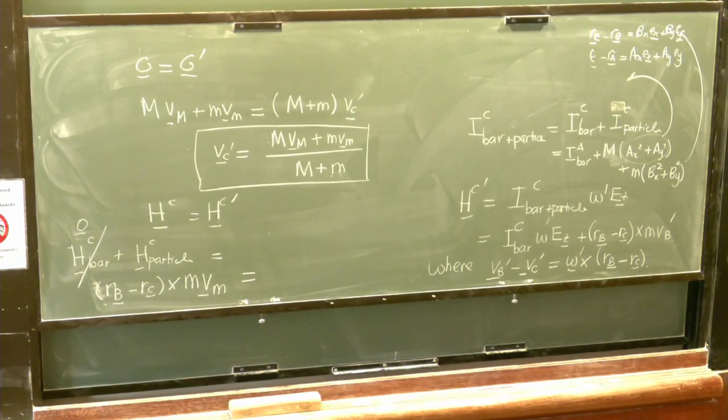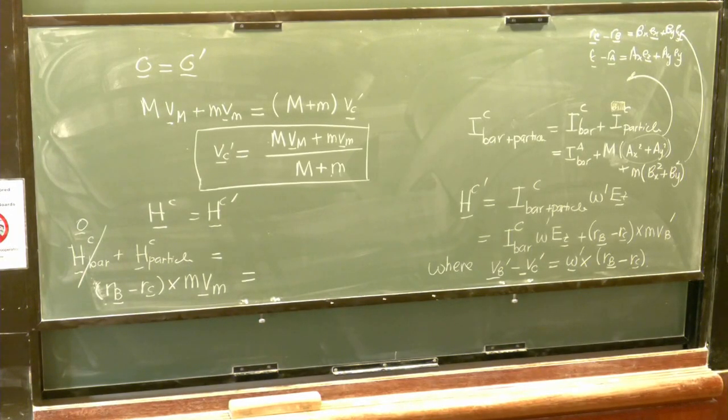One of the formulas that we use is H equals I_C bar omega prime e_z plus r_B minus r_C cross m_B v_B prime. Would that all work? Okay, sorry, can you say it again? For the middle equation, I_C bar omega bar e_z. Okay, yes. That one, v_B prime, just v_C prime?